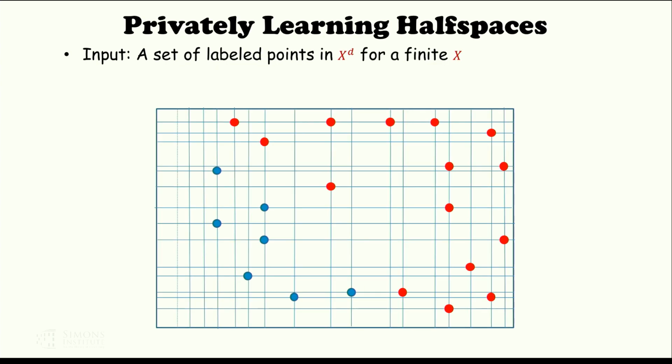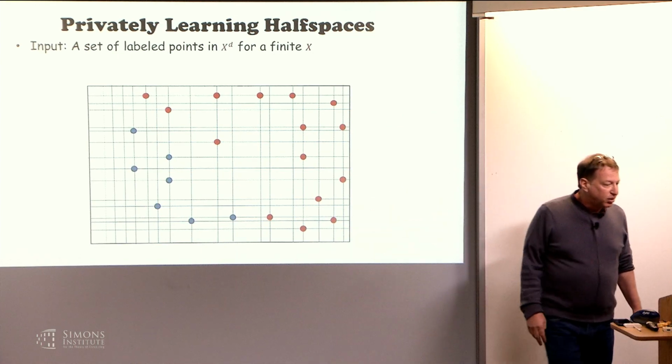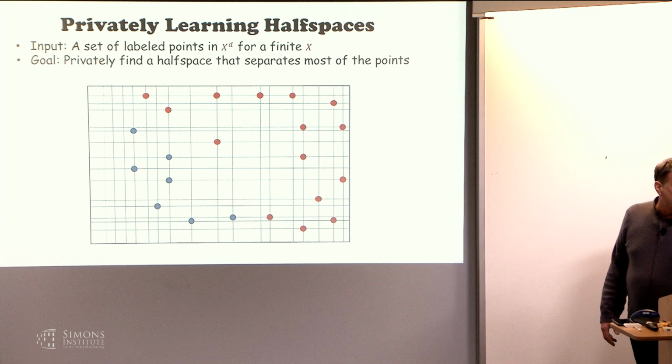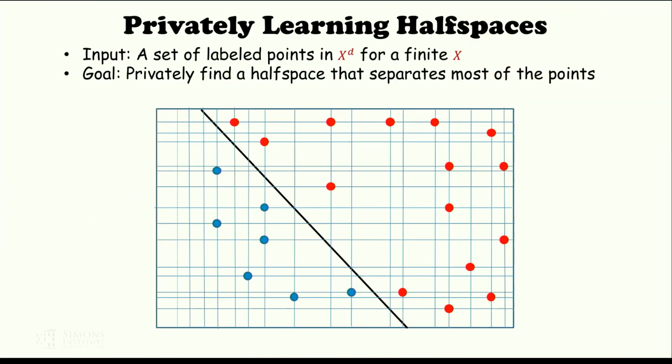We will want to be able to privately learn half spaces. So in this case, we have a set of labeled points taken from some grid X to the d for some finite set X. As you can see in the picture, the grid doesn't have to be uniform. The points of the grid can be at different distances, and we have labeled points from this grid, and the goal is to privately find a half space that separates most of the points correctly. What do I mean by private?